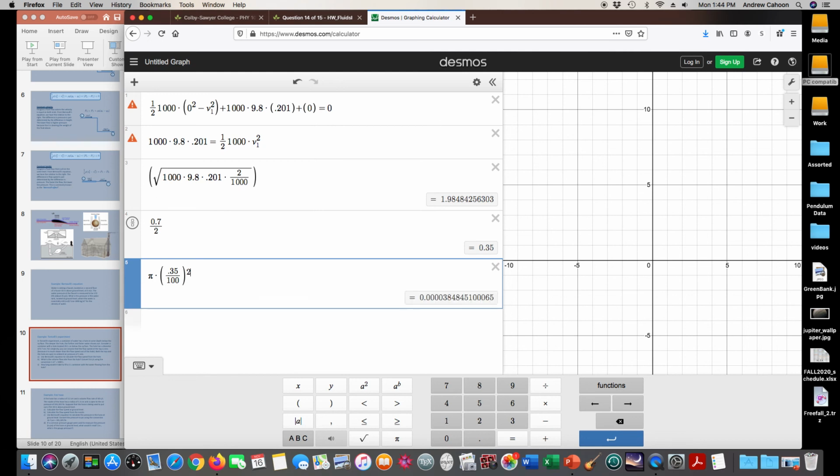So we get a really tiny number for the area, but remember, this is the area of a hole in the bottom of a container, a small hole. So we're not surprised that it's that small. But volume flow rate is area times velocity, and the velocity we calculated earlier was 1.98, let's round to 2. So we get a volume flow rate of 0.000076 cubic meters per second.